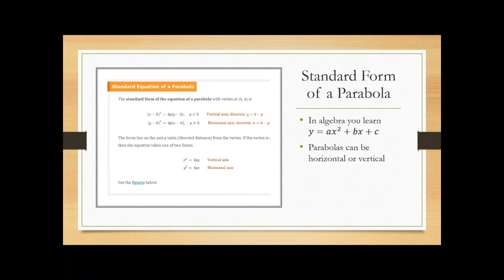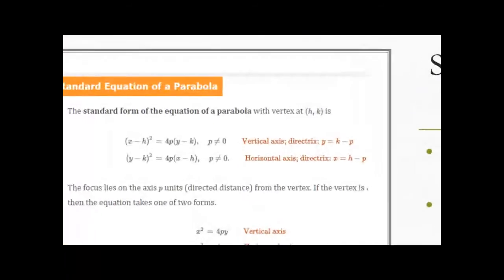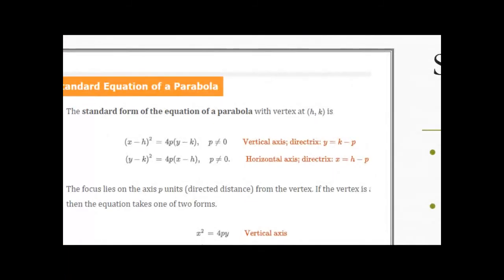For a parabola that opens up or down, it's the x part that's squared. If it opens left or right, it's the y part that is squared. We've got these equations here. What's key is not only to know the equations, but also to know the directrix and how to get it. The formulas for the directrix are right here.